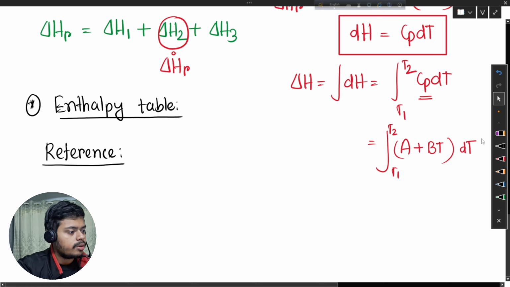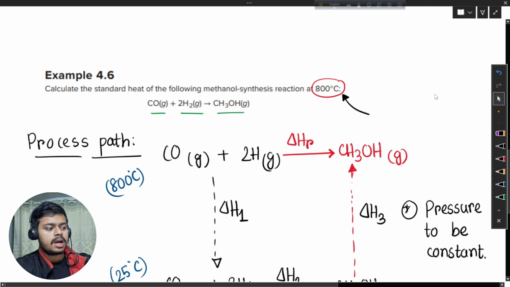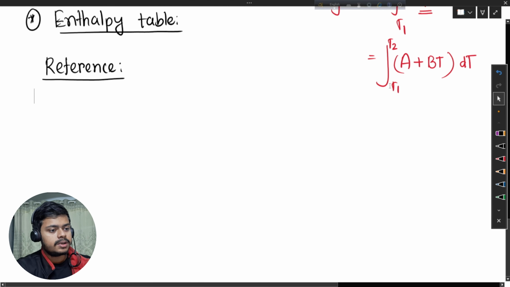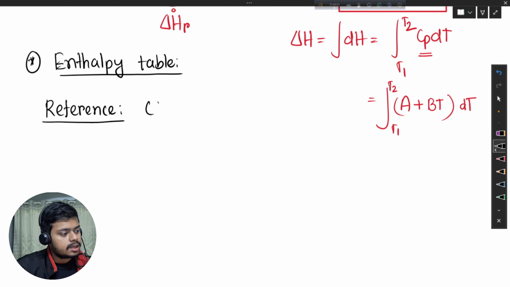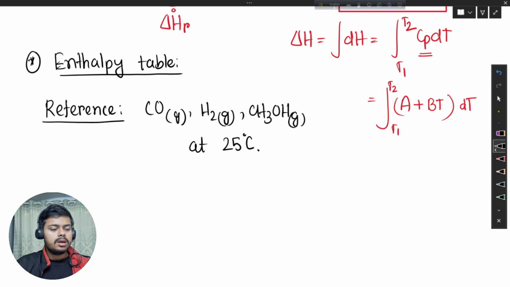Our reference state is all the substances here: carbon monoxide, hydrogen gas, and methanol gas. As they are all in the gaseous state, our reference state is carbon monoxide, hydrogen, and methanol in the gaseous state at 25 degrees Celsius. Now we're going to form an inlet-outlet enthalpy table, and let's see what that looks like.